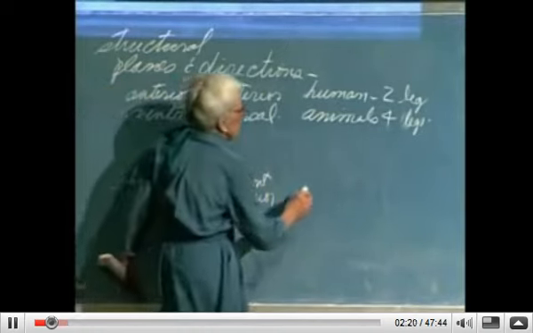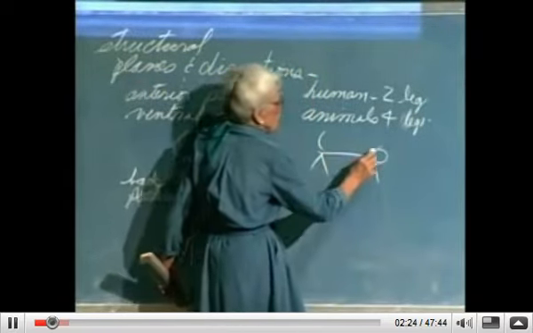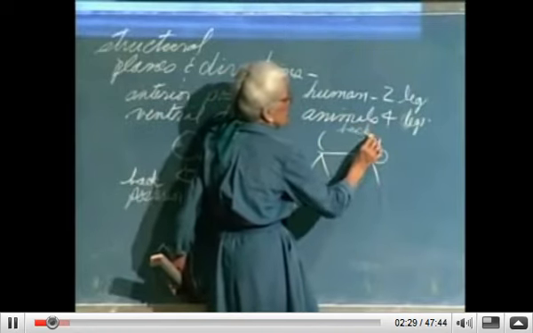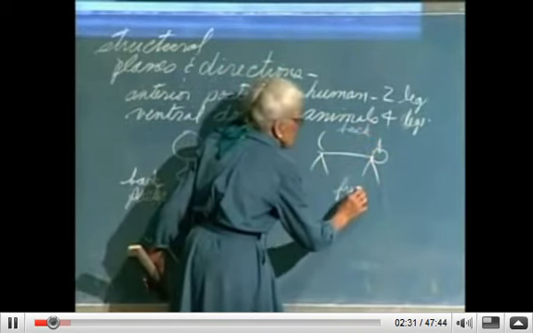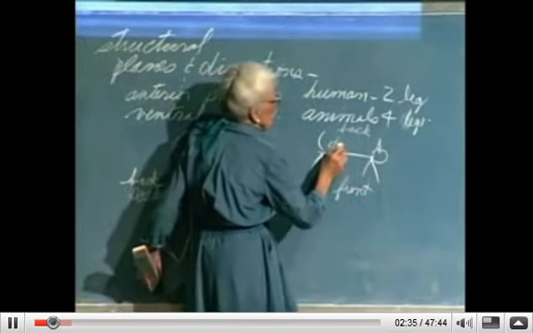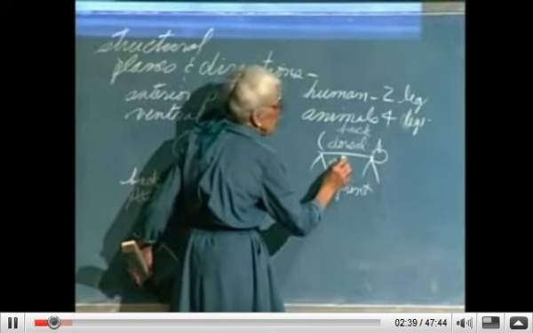If we take the little animal who's down here on four legs, this is back, this is front, but the early anatomists called this dorsal and this ventral.